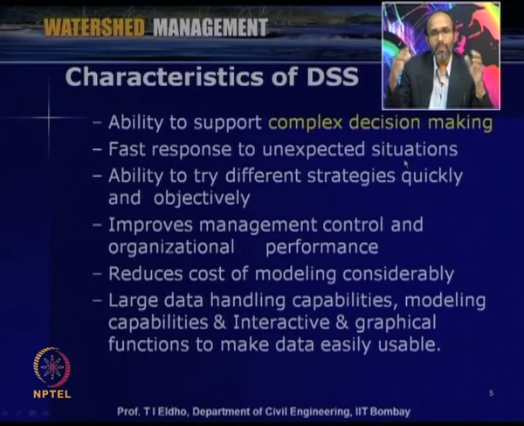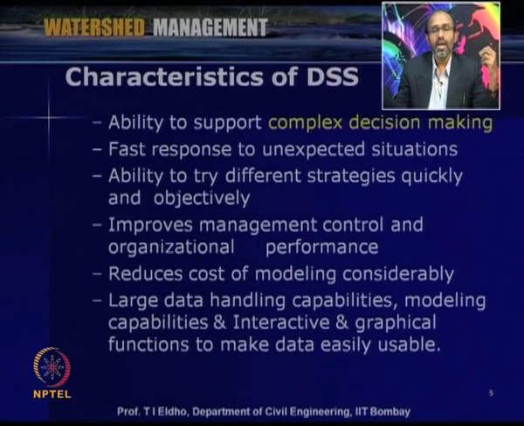Say for example, if heavy rainfall is going to take place, and there is a possibility of flooding in a particular area, the decision maker has to decide whether the people should be shifted from a particular locality.